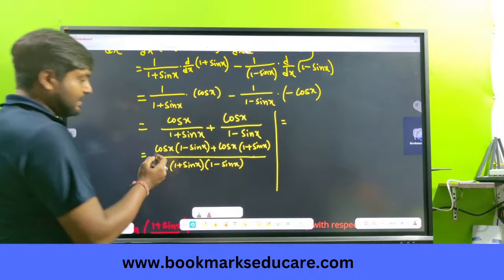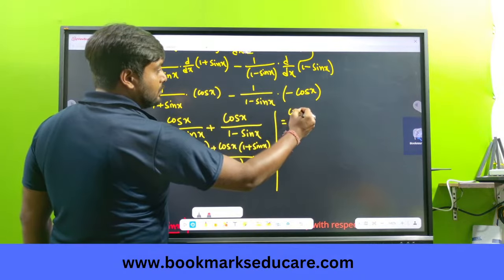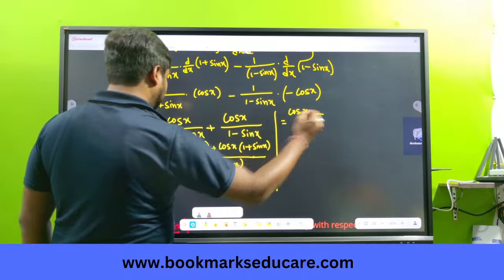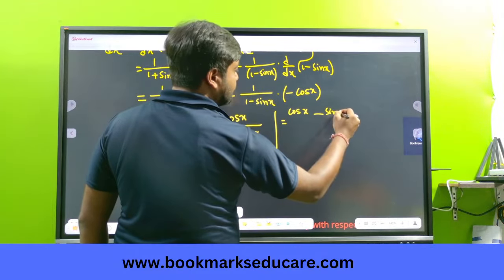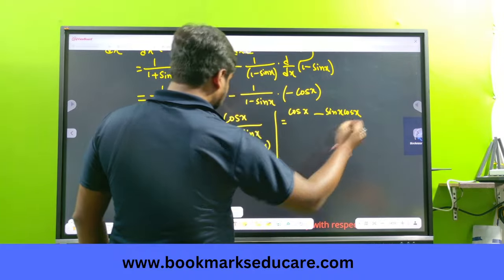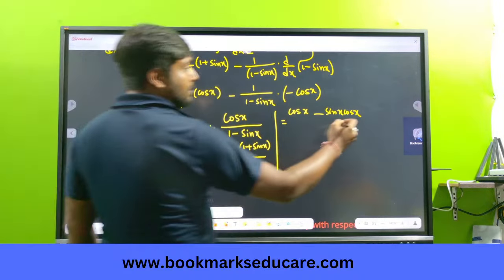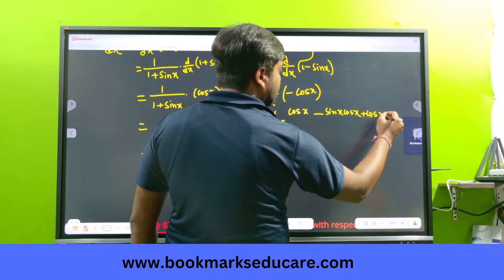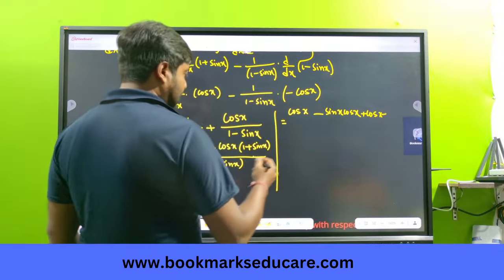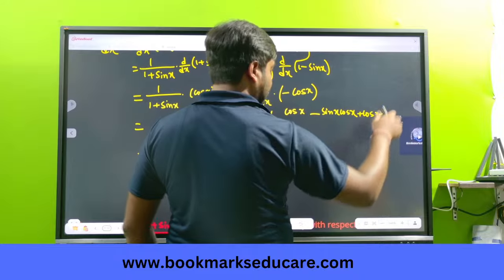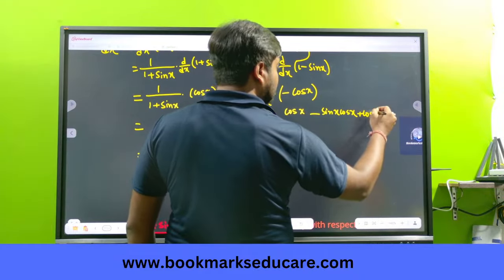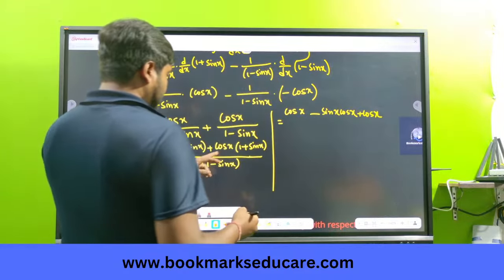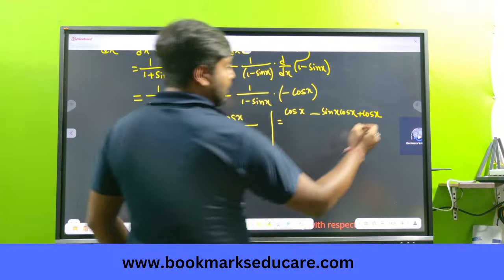Here cos x into 1 gives cos x, minus cos x into sin x, we get sin x cos x, and this will be plus cos x plus sin x cos x.